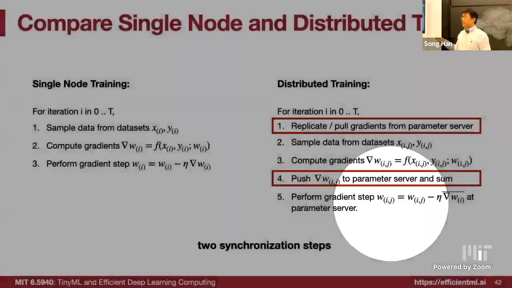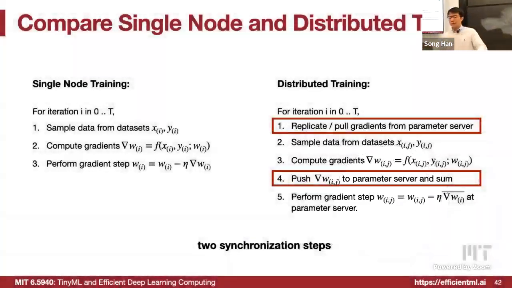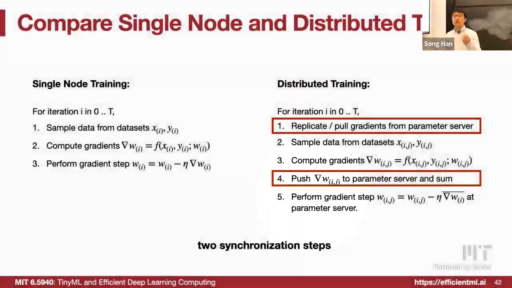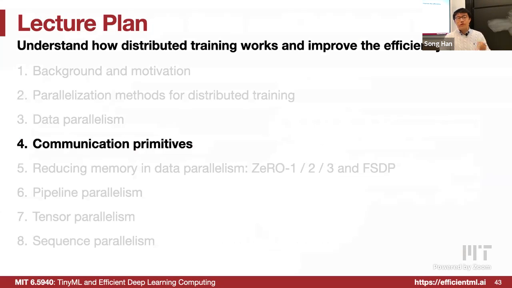And then the parameter server performs this gradient step. So there are actually 2 synchronization steps here in the red. Okay, so make sure each worker is synchronized. So synchronization has overhead. This is not free. So let's talk about these communication primitives and see how we can save this communication overhead.